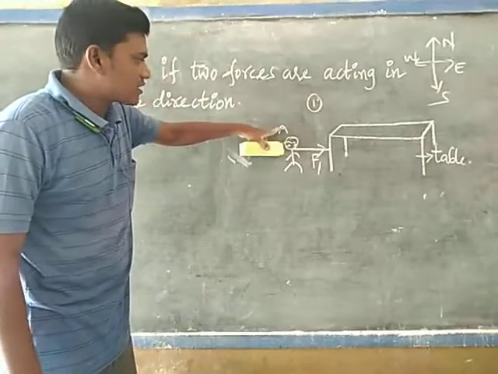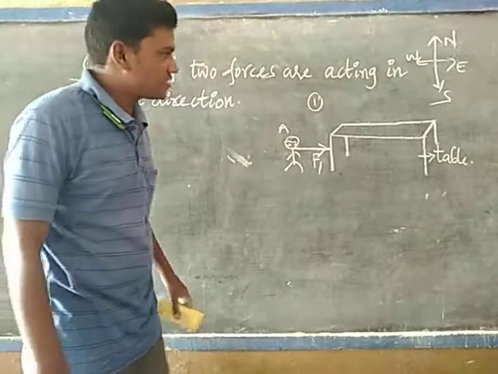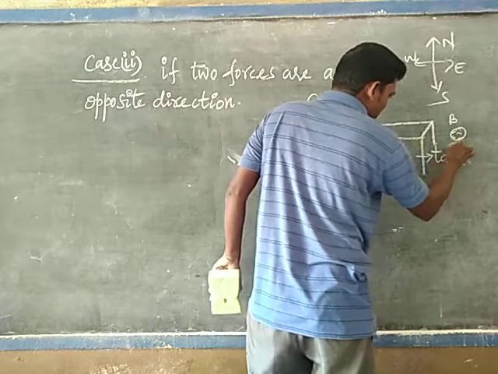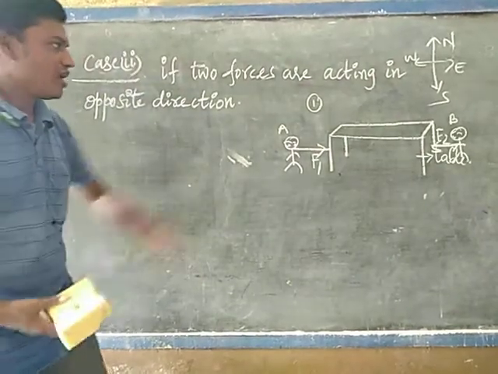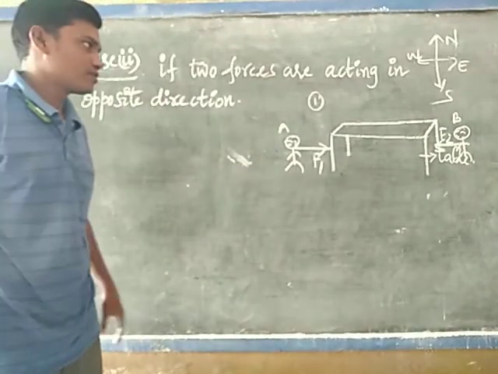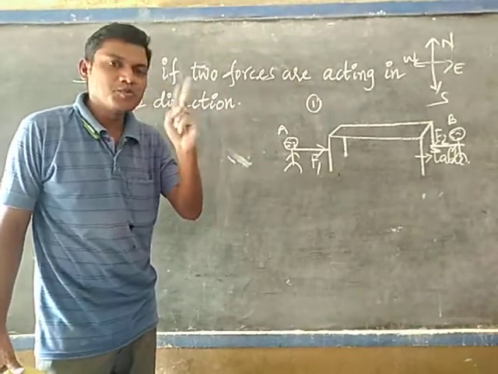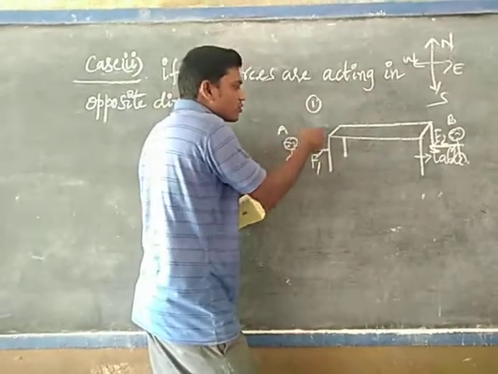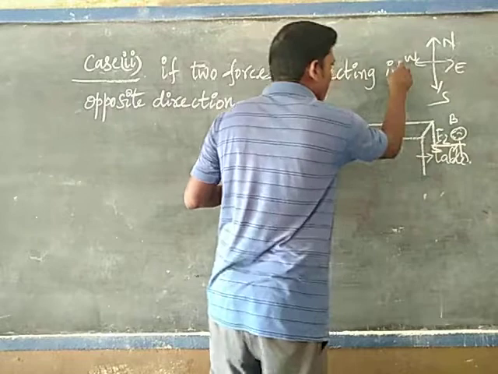Listen, person A pushes the table with F1 force towards the east. Next, we consider another person on the other side, person B. He pushes the table with F2 force towards the west. Listen very carefully. Initially, the table is on the surface of the ground. Now on the table, two persons A and B apply the force simultaneously, at a time. A applies the force on the table towards the east, and B applies the force towards the west. That's why.